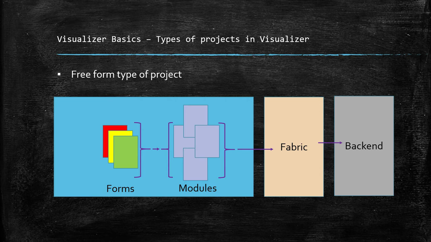Also, from the runtime perspective, when you build the application and launch it on the end user's device, because all the forms and modules in this type of project are global, all those forms and modules would load at the initial app launch time. So imagine the end user is just going through the first two forms inside your application and closing the app.